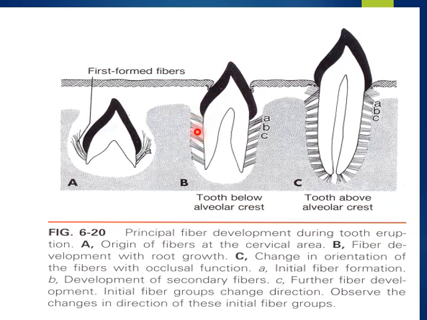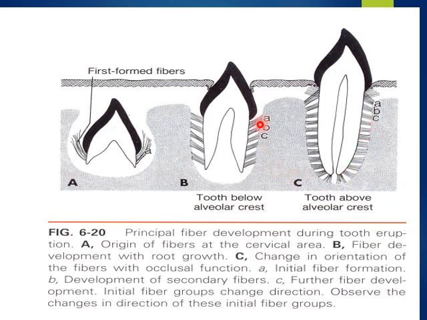The arrangement of these fibers increases with the increased root formation. These are the attached fibers with the alveolar process. A, the initial fibers. B, the other fibers, and these are the attached fibers. And when the tooth reaches the occlusal plane, the attachment of these fibers corresponds to the formation of principal fibers of the periodontal ligament, which include the alveolar crest fibers, horizontal and oblique fibers, and apical fibers.